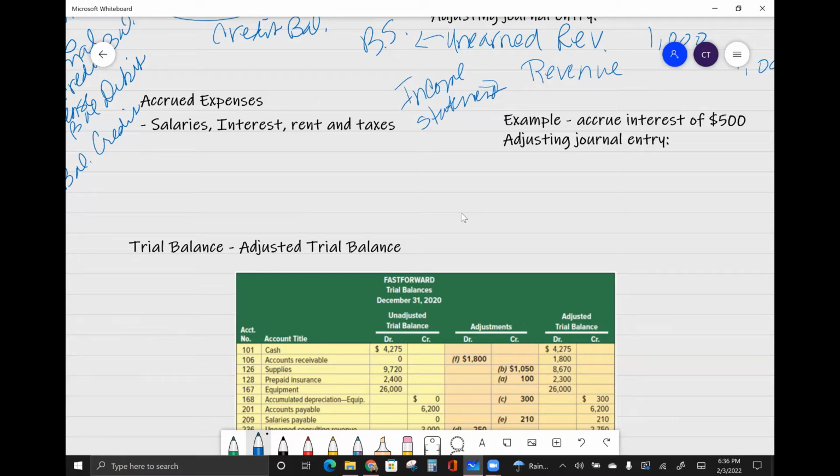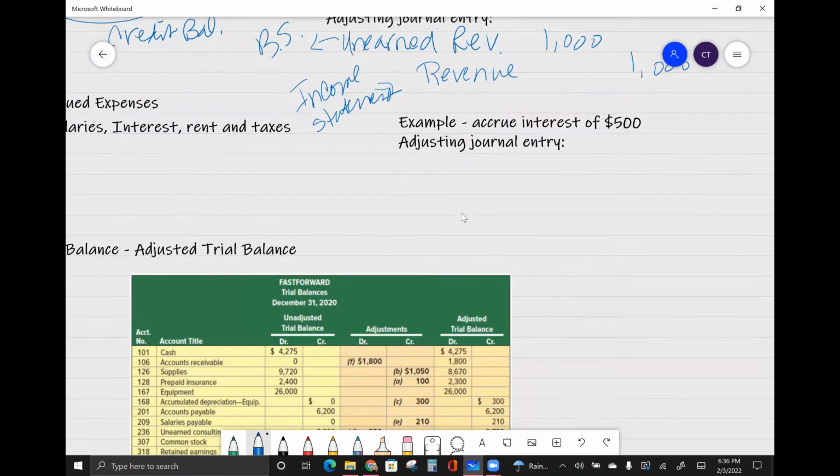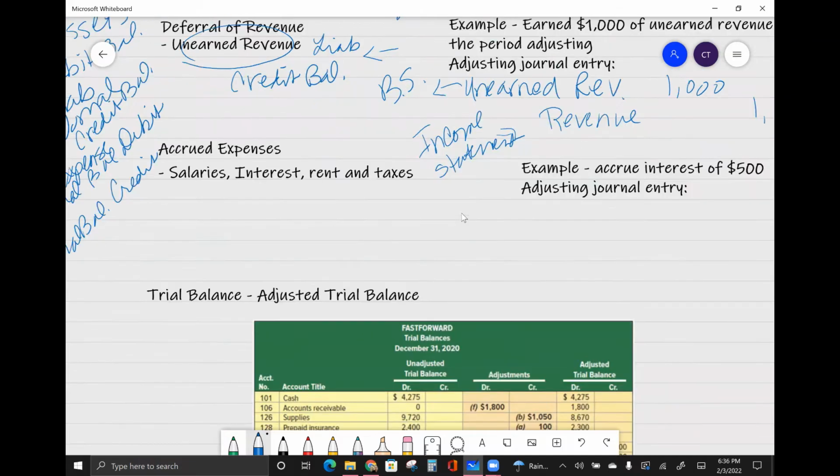So let's look at an example. We're going to accrue interest of $500. So what do y'all think the debit's going to be? What do you think an account would be called if I have to accrue expense for interest? What do you think the account would be called? Let's go back up here.